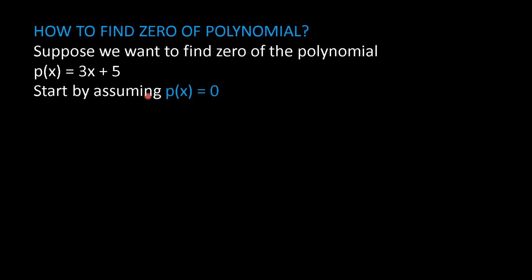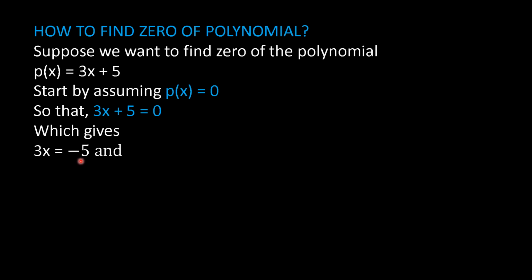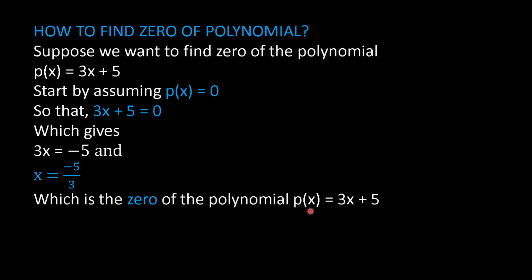We will start by assuming p(x) = 0, so that 3x + 5 will be 0, which gives us 3x = -5, x = -5/3, which is the zero of the polynomial p(x) = 3x + 5, because p(-5/3), after replacing this x by x = -5/3, we get 3 times -5/3 plus 5.